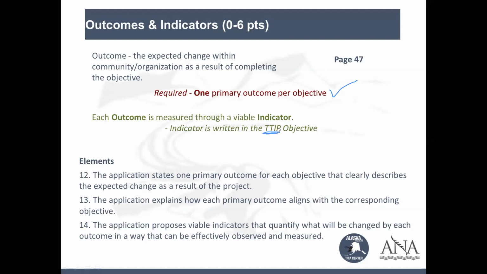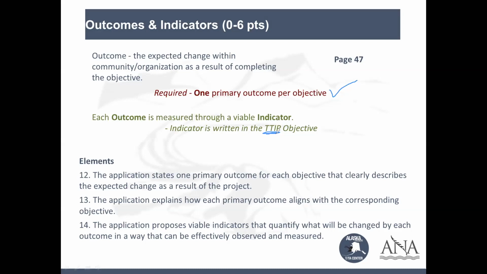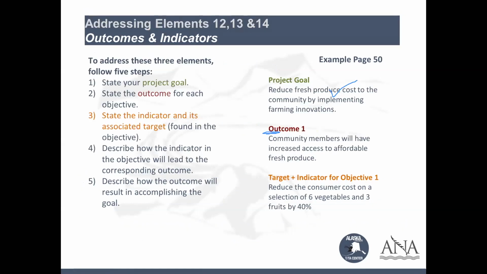And there are 3 elements to address under this subcriteria. You will be describing the expected change, how the outcome aligns to the corresponding objective, and the viable indicators and what will be changed. So to address these 3 elements, we suggest that you follow these 5 steps.